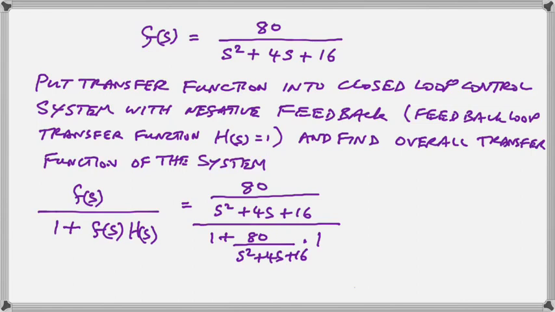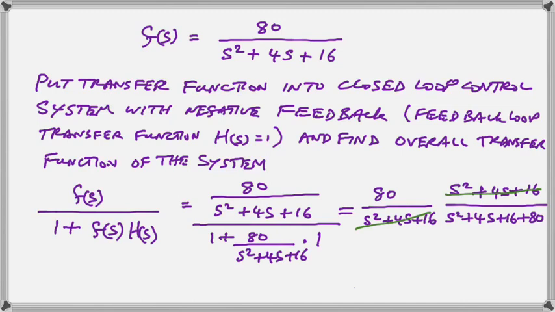And what we have to do is just a little algebra. We have to put the whole denominator under a common denominator and then flip it and multiply. So that's done. And when we flip it and multiply, we see it cancels out and our new transfer function is shown in green.